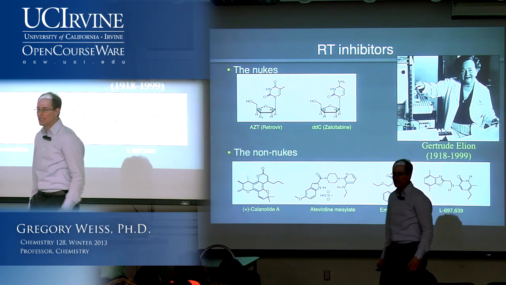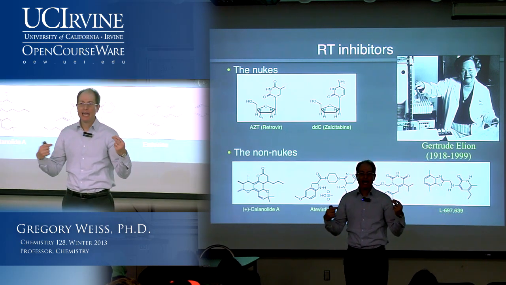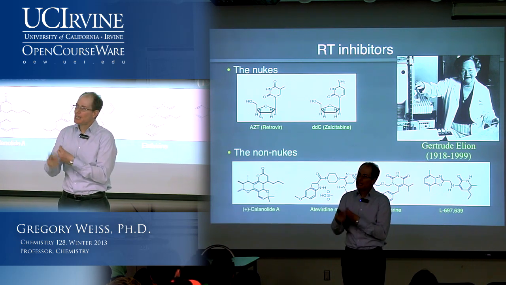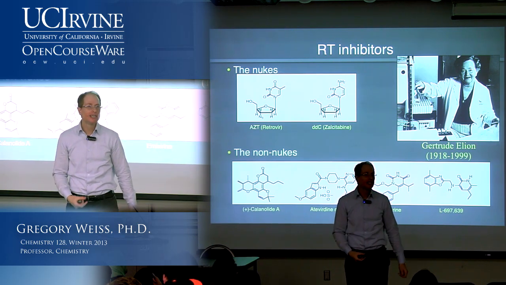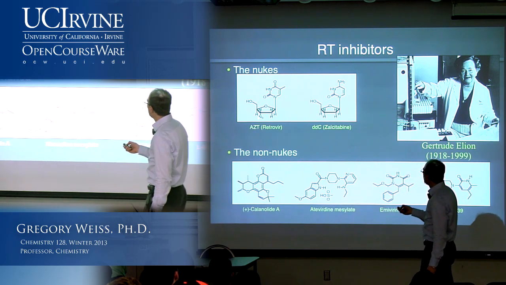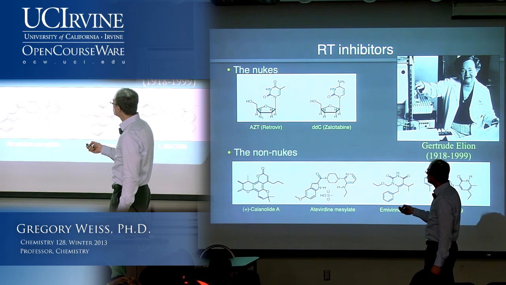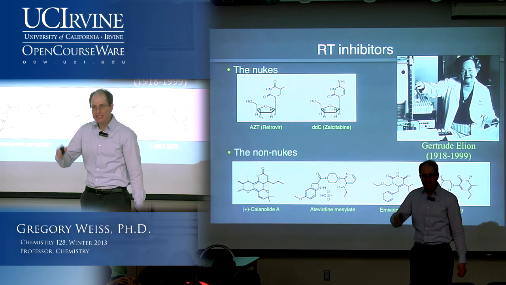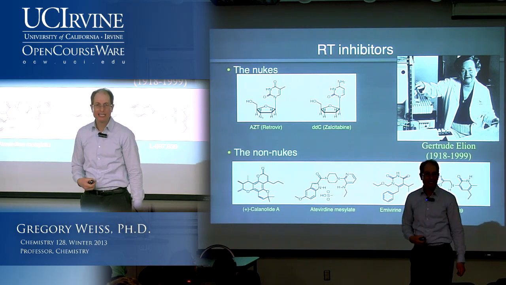What happens is this gets taken up and phosphorylated to give a triphosphate, and then DNA polymerase attempts to use it as a substrate. But instead of a 3' hydroxyl, there's an azide here. And the azide caps the synthesis of the new strand of DNA, preventing it from being lengthened.